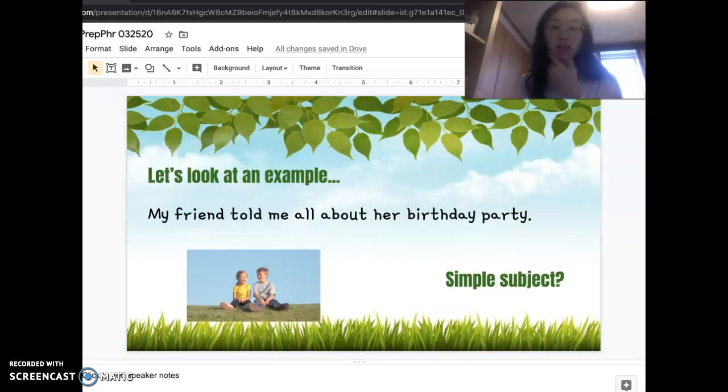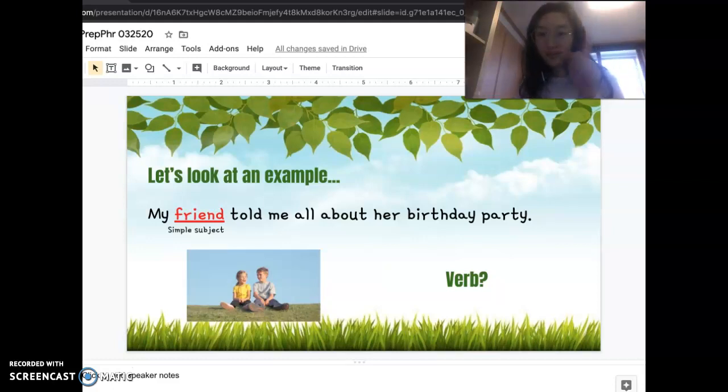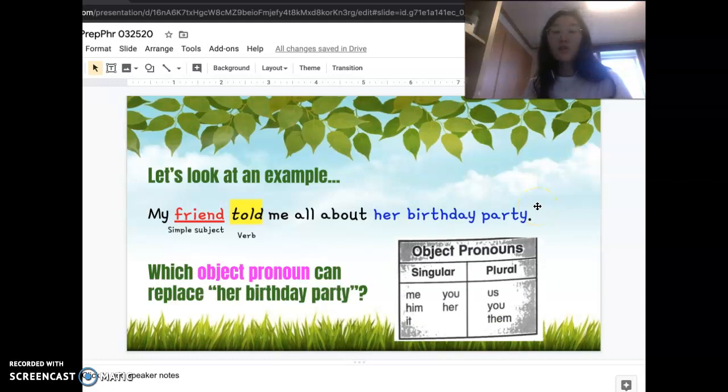Now let's look at one example here. My friend told me all about her birthday party. Great. What is the simple subject? Point at it on your computer. Friend. Great. And what is the verb? Told. My friend told. Now, look here. Her birthday party. Which object pronoun can substitute her birthday party?